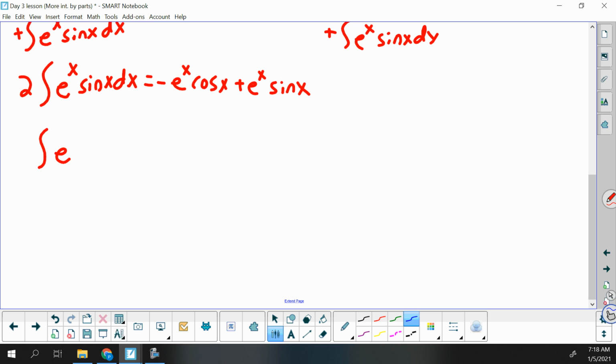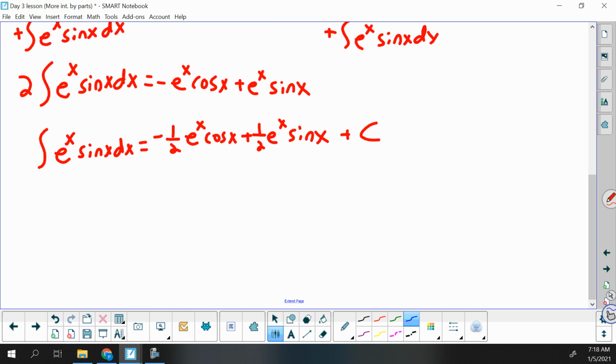So the integral of e to the x sine x dx is equal to negative 1/2 e to the x cos x plus 1/2 e to the x sine x. And then the tricky thing you have to remember, because we never did that final integral on the right side, is this is an indefinite integral. So we would need a plus c on the end eventually.